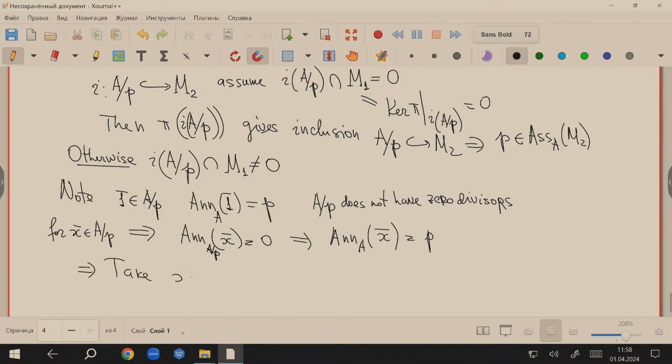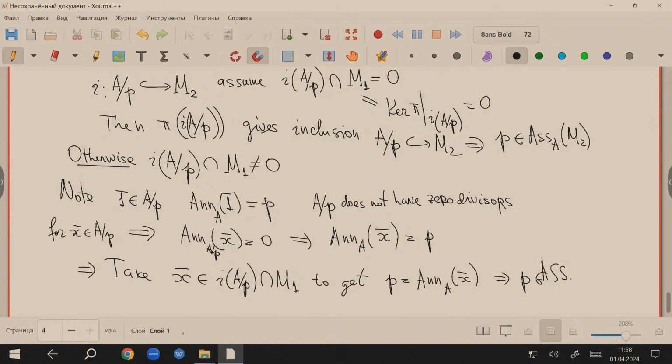So we can take this element X inside I of AP and M1, to get an element X with annihilator equal to P. So that means P equals the annihilator of A inside X tilde, and this implies that P is in the set of associated prime ideals in M1.